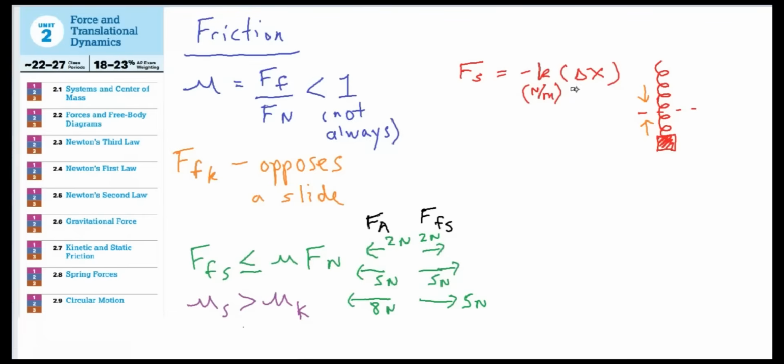And then we have the delta x, that is the distance from its equilibrium position. So if its equilibrium or natural resting position is right at that dotted line, if you pull it beyond that, the restorative force is going to pull it towards that equilibrium position. And then if you push it above that line, the spring force is going to push it down towards that equilibrium position. So the delta x is always the distance from where that dashed line would be. And then the force is always going to push or pull towards that equilibrium position.